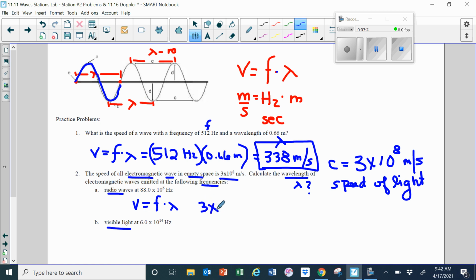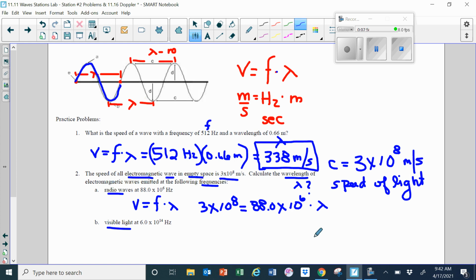3 times 10 to the 8. And I'm not going to write the units. And then the frequency is 88 times 10 to the 6 hertz, times the wavelength.